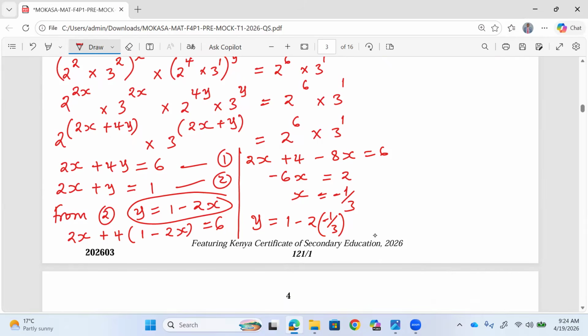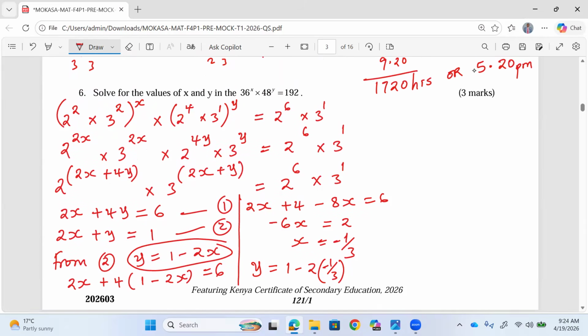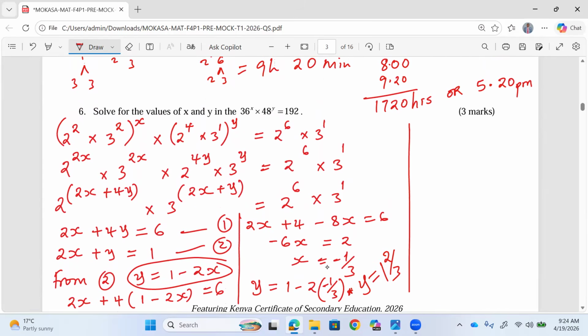So 1 plus 2 thirds becomes 1 and 2 thirds. So the value of y is 1 and 2 over 3. So those are the values of x and y.